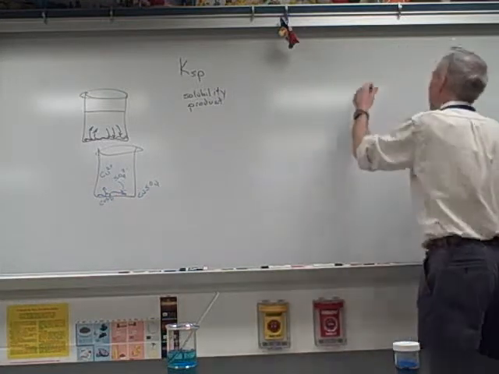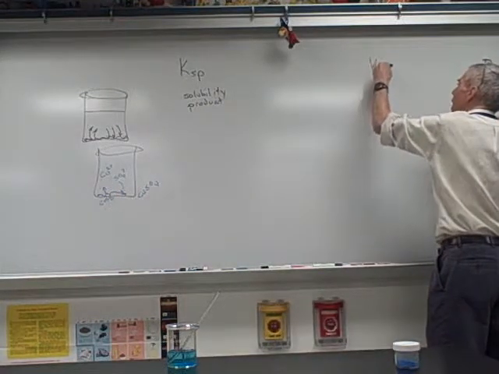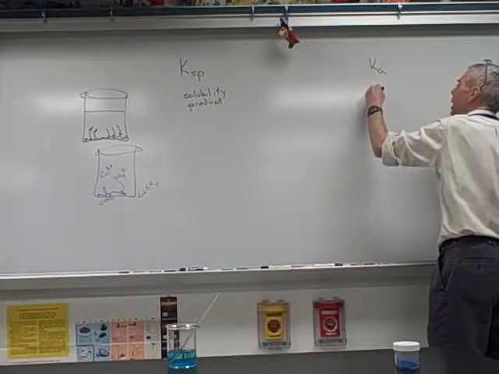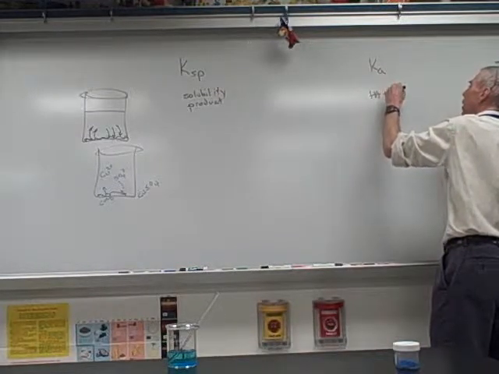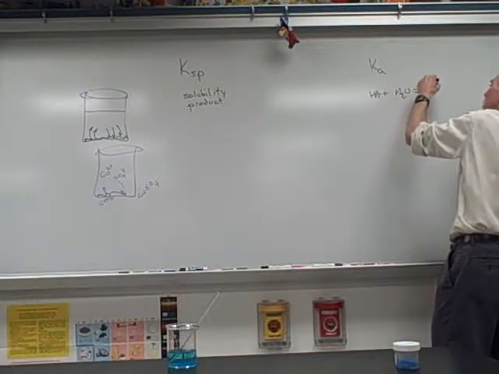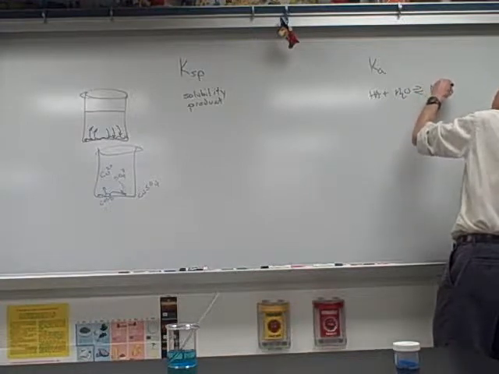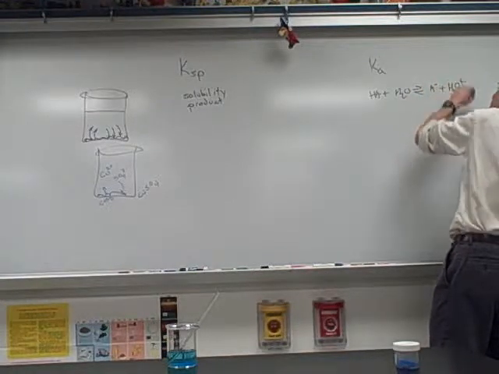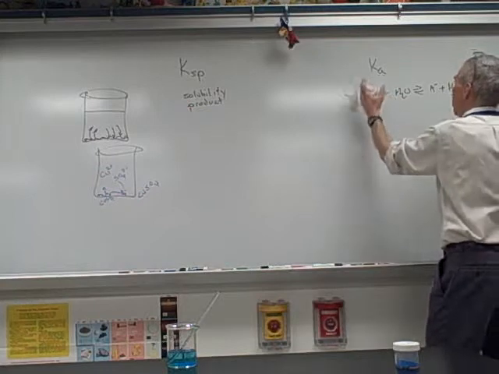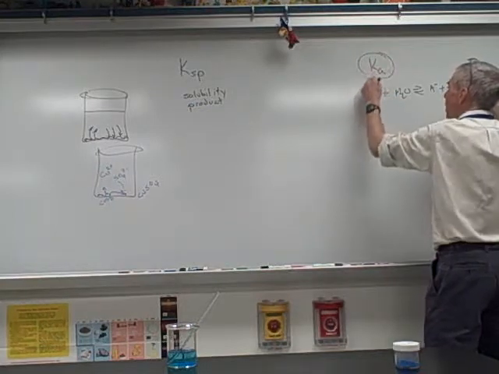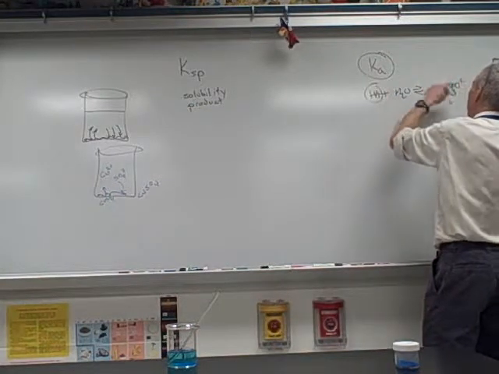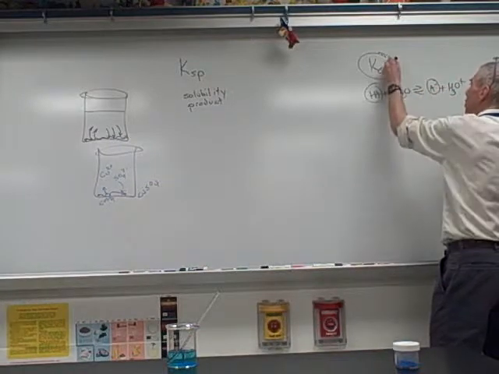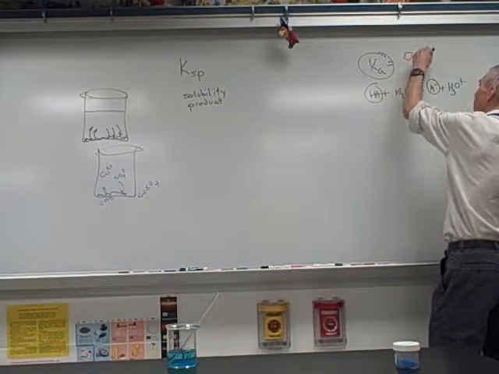Now, just like the last unit, we had Ka had to be written a particular way. It had to be the acid plus water going to the conjugate base plus H3O plus, right? That's the way you write the Ka expression. The HA is always a reactant. The A is always the product, so you always write it the same way.